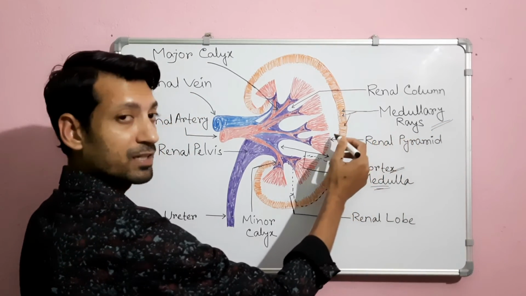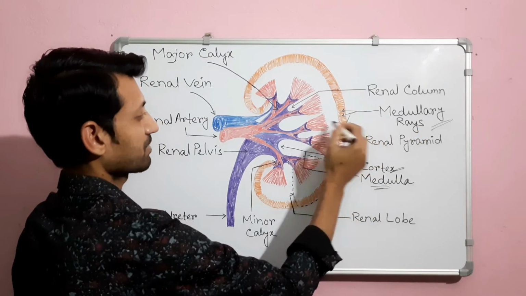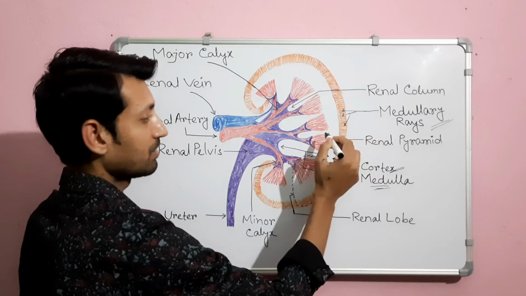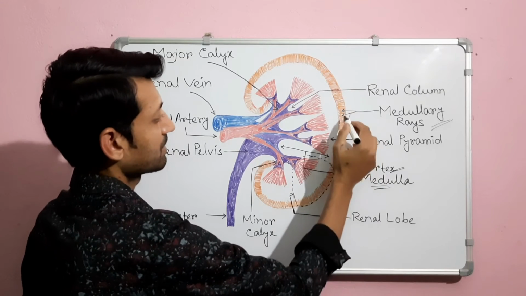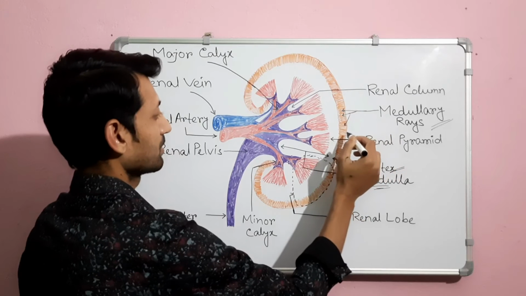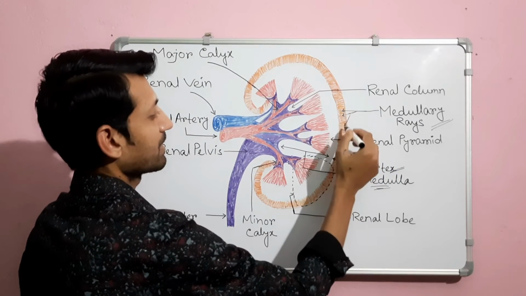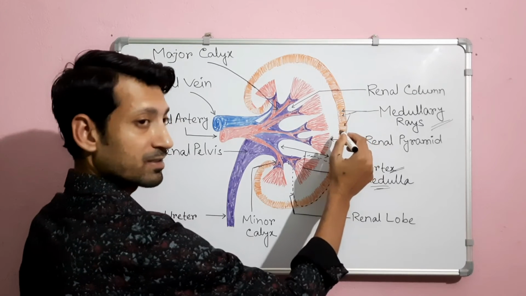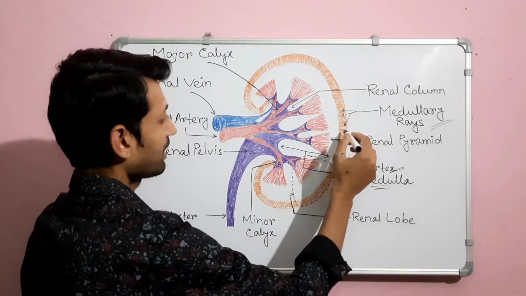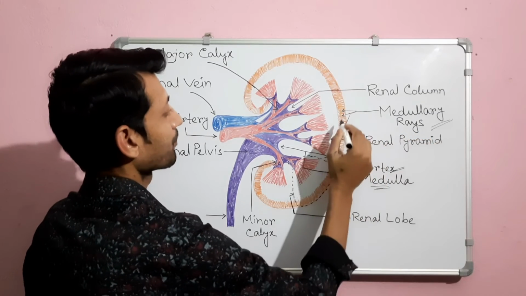Approximately 400 to 500 medullary rays project into the cortex from the medulla. Each medullary ray contains straight tubules of the nephrons and collecting ducts. In between medullary rays, there are the renal corpuscles, the convoluted tubules of the nephrons, and the connecting tubules.